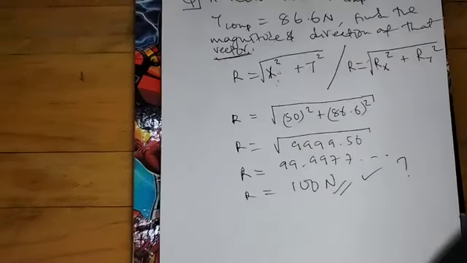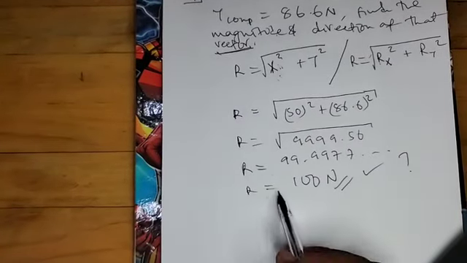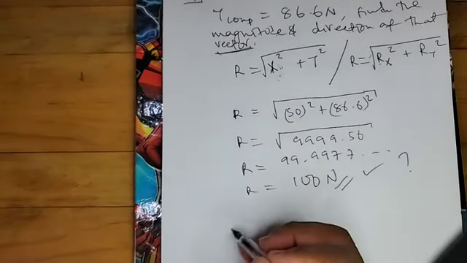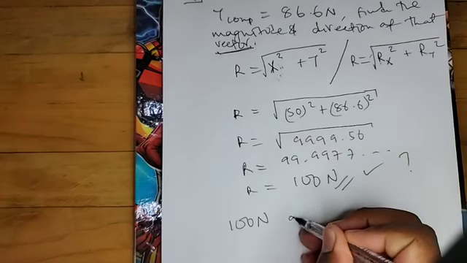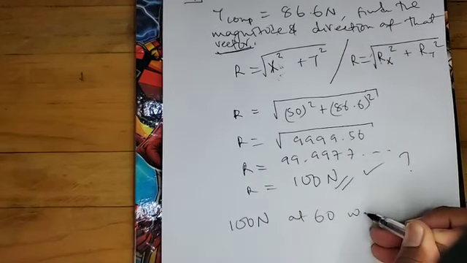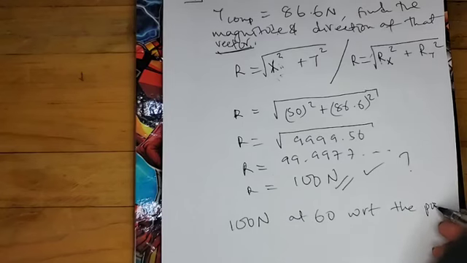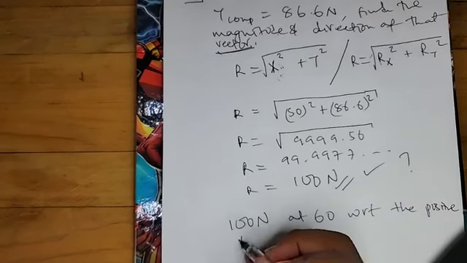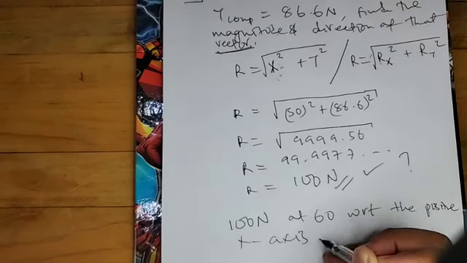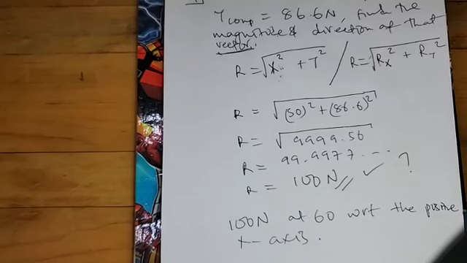So to fully describe our final vector, it is 100 newtons at 60 degrees with respect to the positive x-axis.